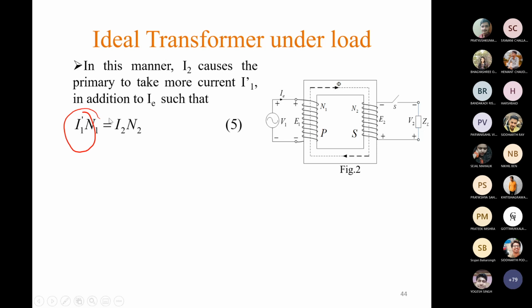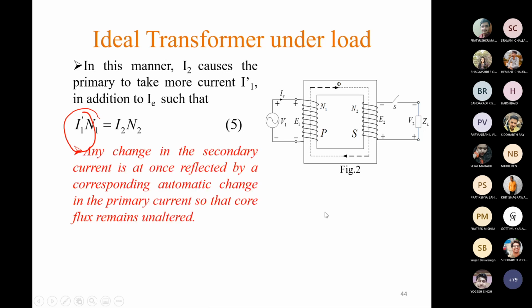Okay, which means, see, this load impedance ZL is a variable quantity because the load connected across the secondary can change any moment. So whenever there is a change in the load impedance value, the current value will also change. This I2 will also change depending on the value of load connected across the secondary.